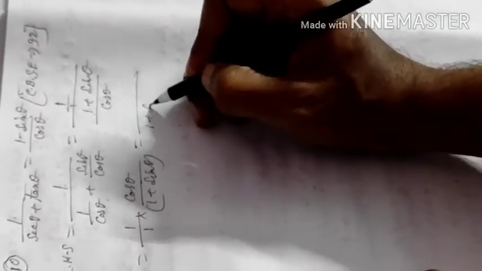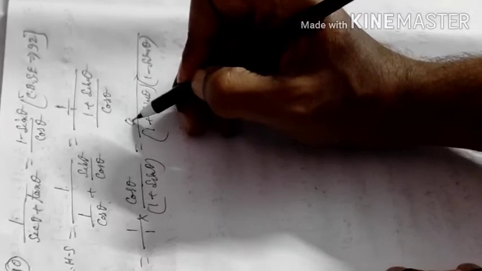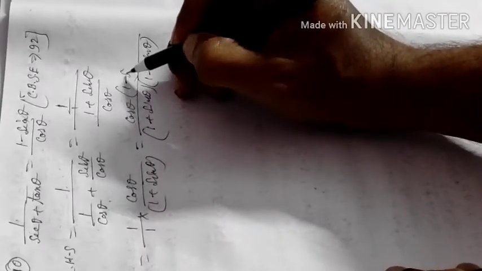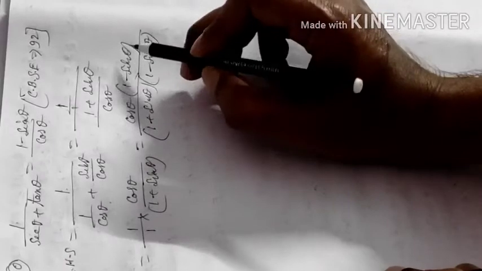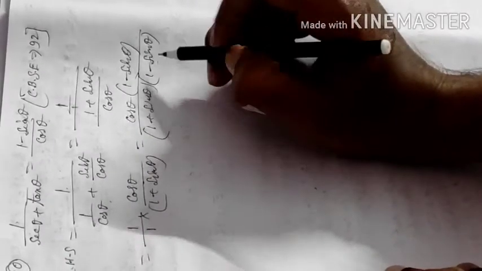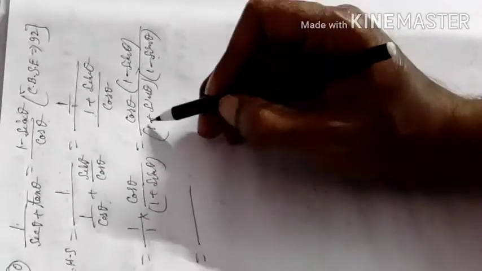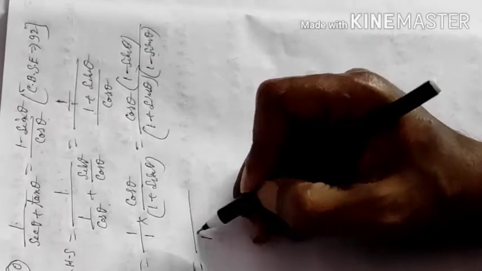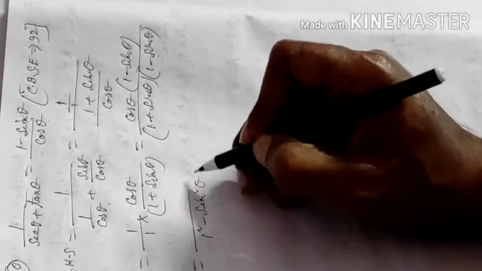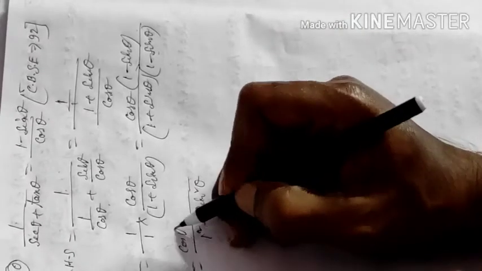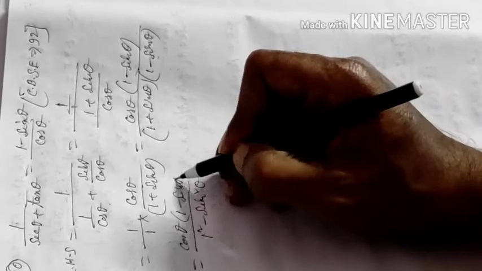So now rationalizing, that means multiplying both numerator and denominator by 1 minus sin theta. Cos theta into 1 minus sin theta. So this is your (a plus b) into (a minus b), that is a square minus b square, into cos theta into 1 minus sin theta.